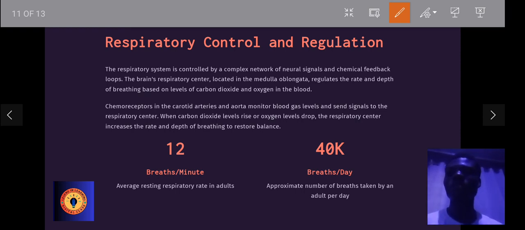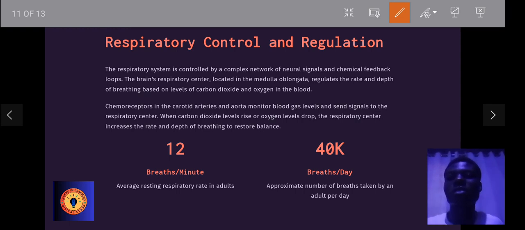When carbon dioxide levels rise or oxygen level drops, the respiratory center increases the rate and depth of breathing to restore balance. In a typical day we breathe about 12 breaths per minute.